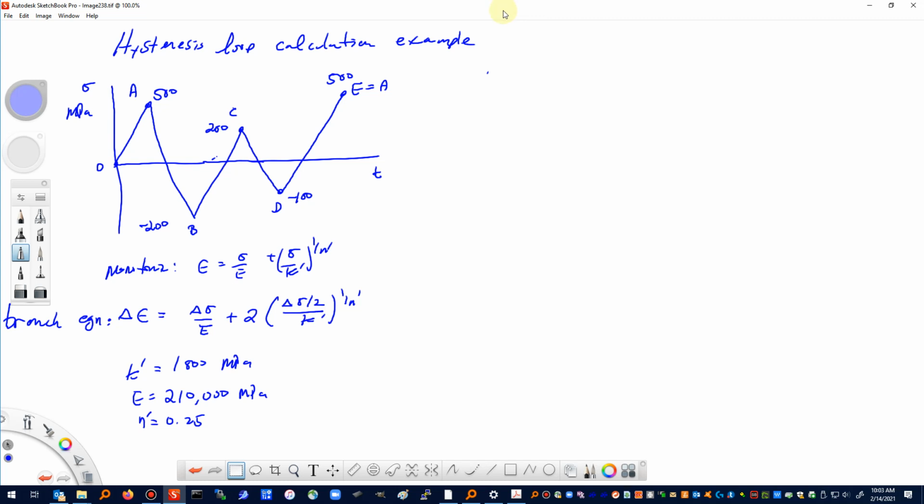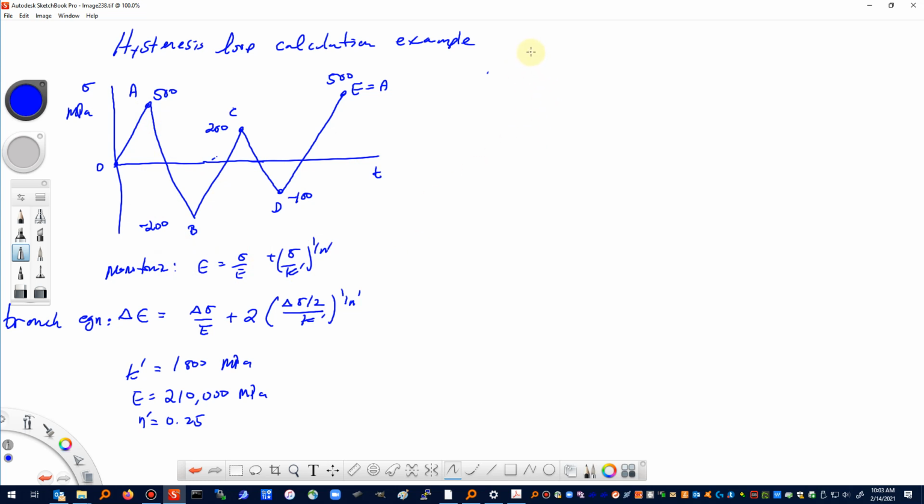Okay. So we've talked about in the previous lecture how to sketch these things up, so we know what the shape of this should look like. Let's do the calculations. So first of all, I'm going to go from O to A, and from O to A is going to be using my monotonic curve.